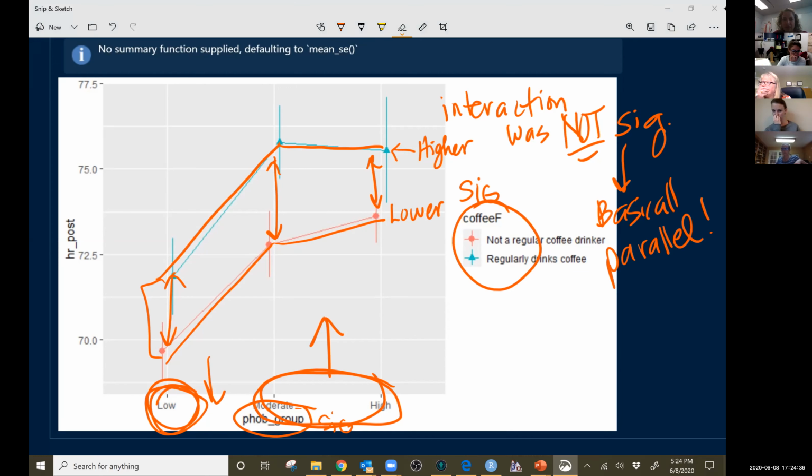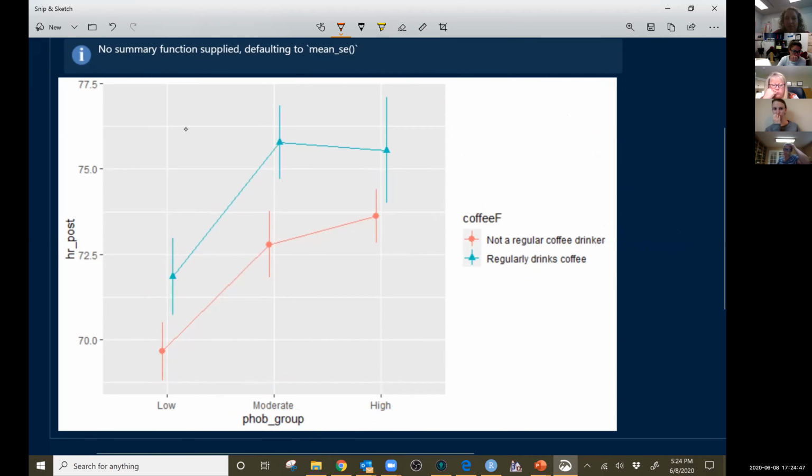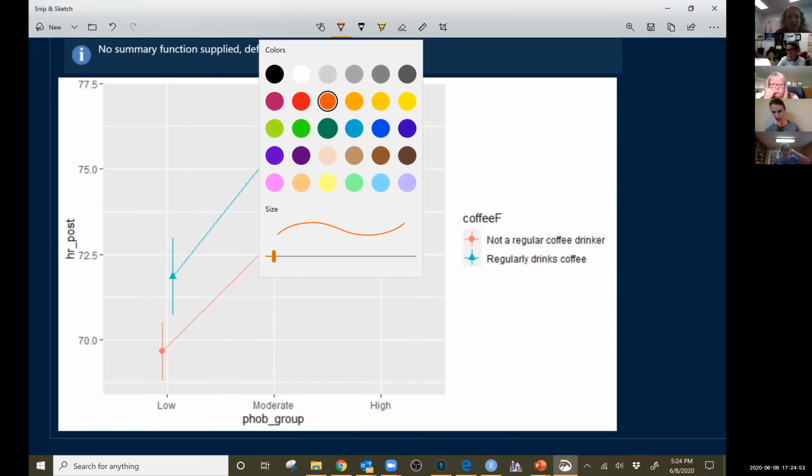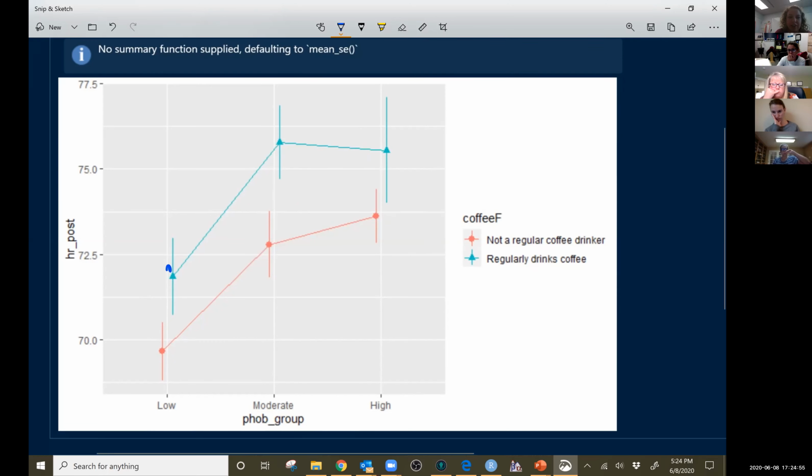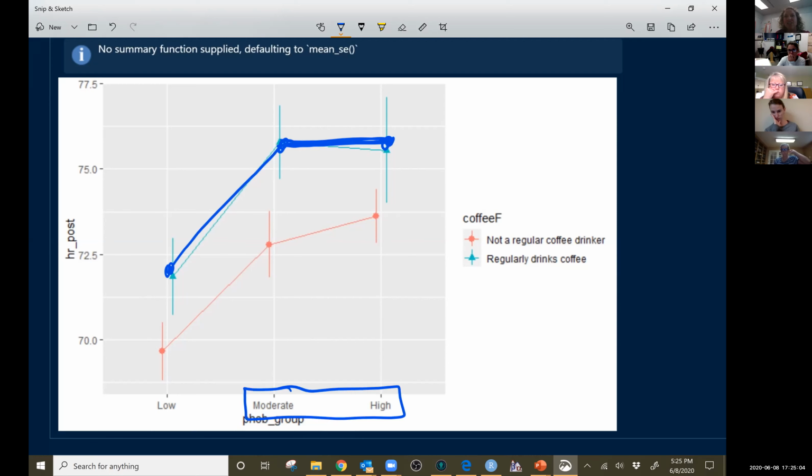let's see if there's something. It's essentially saying, let me erase this all. I'm going to put this over here. The blue line is essentially going like this. It's essentially flat here because we saw moderate and high are essentially the same.